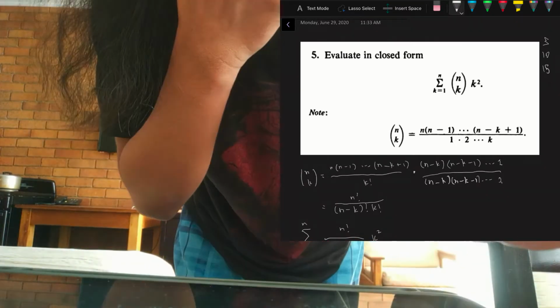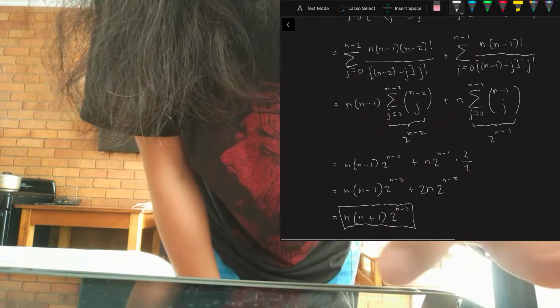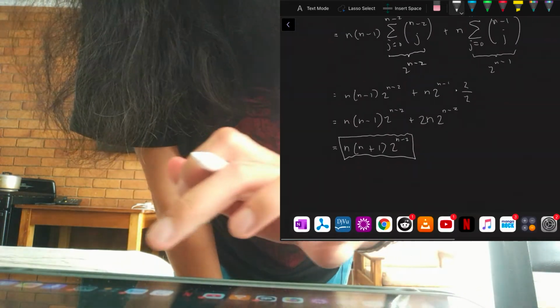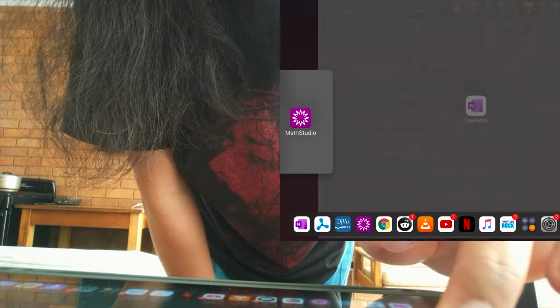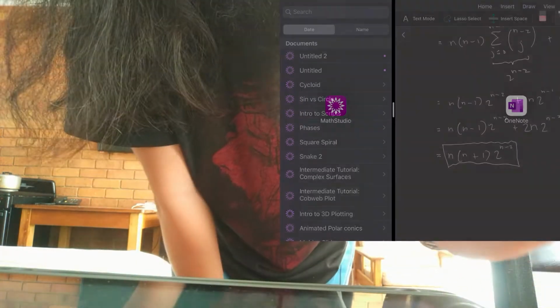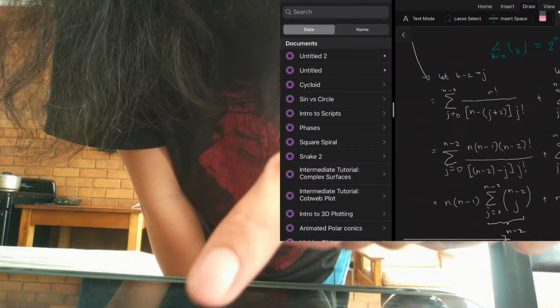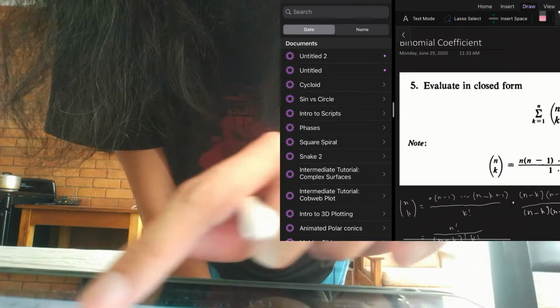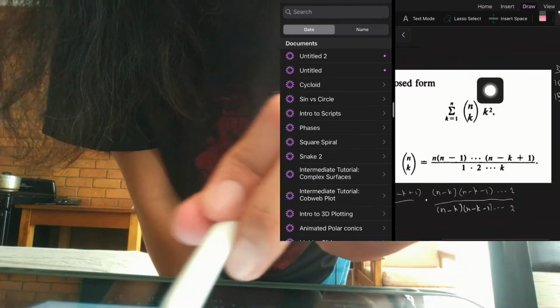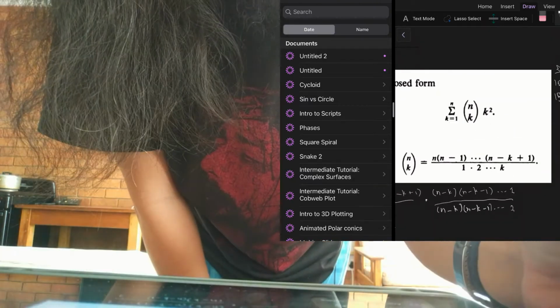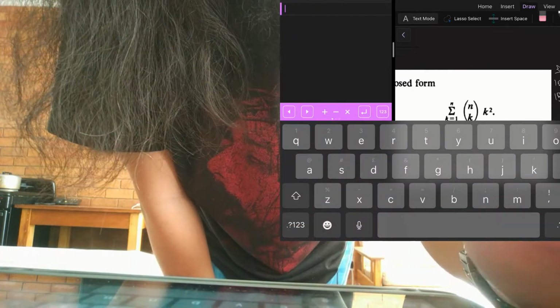Okay, and just to make sure we're not kidding ourselves with our final answer, let's try to evaluate this using Math Studio, to see if this is indeed our final answer. So we're trying to evaluate this closed form. Let me introduce a blank notebook right here.